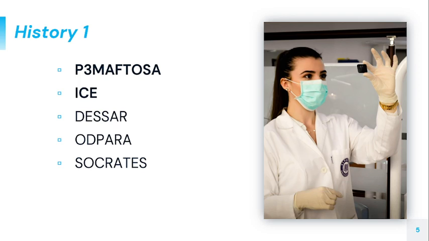So P3 Maftosa stands for: there are three P's. The first P is presenting complaint, the second P is past medical history, the third P is personal history of the patient. Then Maftosa: M is for medication history, plus or minus mood, the patient's mood that is.